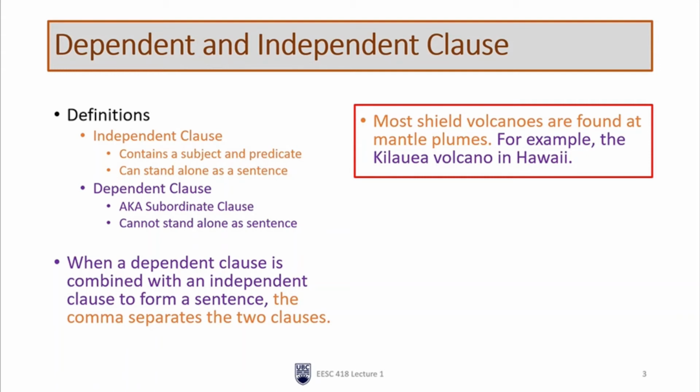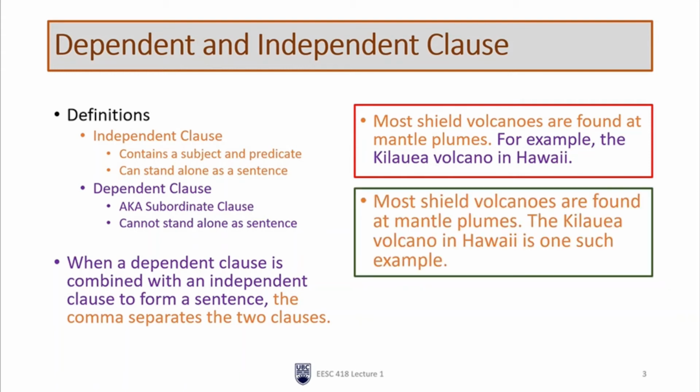And throughout my slides, I'll show an incorrect sentence bordered by red and a correct sentence bordered by green. So the easiest way to correct this is simply to add a verb or a predicate to the second sentence. The Kilauea volcano in Hawaii is one such example.